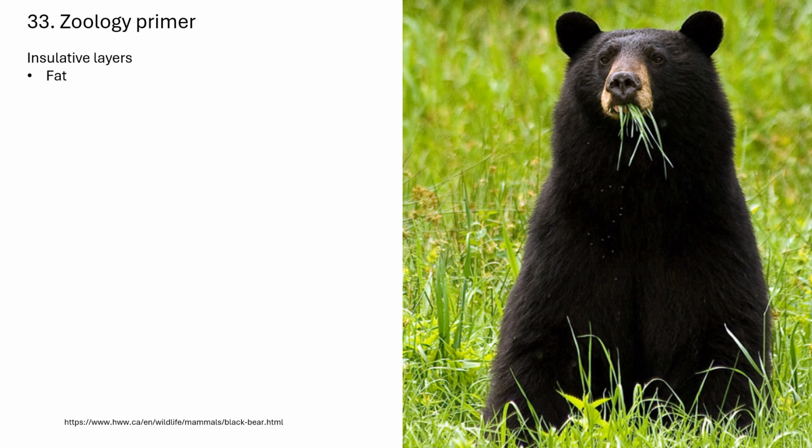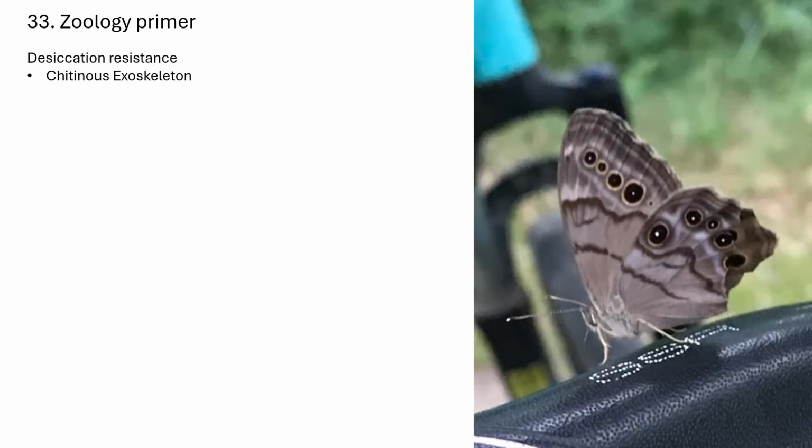So we talked about desiccation, drying out, being another stress in the wintertime. And, you know, this has obviously been a stress for all terrestrial environments, all terrestrial animals coping with water loss. And the way they do it is to have these desiccation resistant coverings. So I can look at this beautiful moth and think about its exoskeleton.